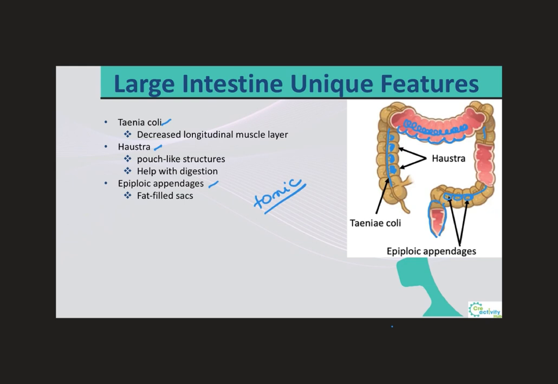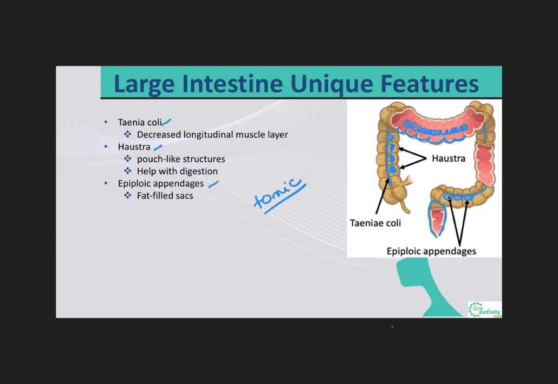And although the rectum and the anal canal don't have either the taenia coli or the haustra, they do have well-developed layers of muscularis that create the strong contraction that's needed for defecation. Now remember that most of the large intestine will have a simple columnar epithelium.